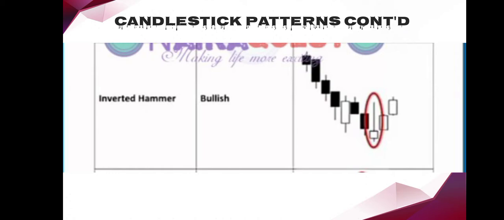The price moved up, but sellers pushed the price back down, and the next thing that followed was buyers taking charge of the market again, and the trend continued going up. You can see the characteristics, I mean the structure, of this hammer.